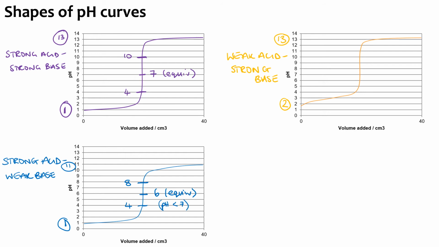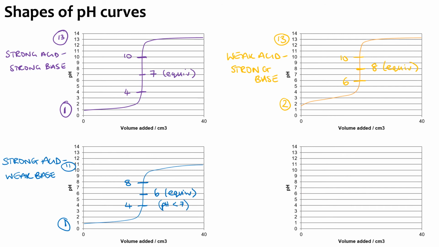So the straight part of the graph is now starting at around 6 and ending at around 10. So that straight part has shifted up a bit. And that means that the equivalence point is at around pH 8. Now, as long as you know that the pH equivalence is above 7, then that would be fine for that one.